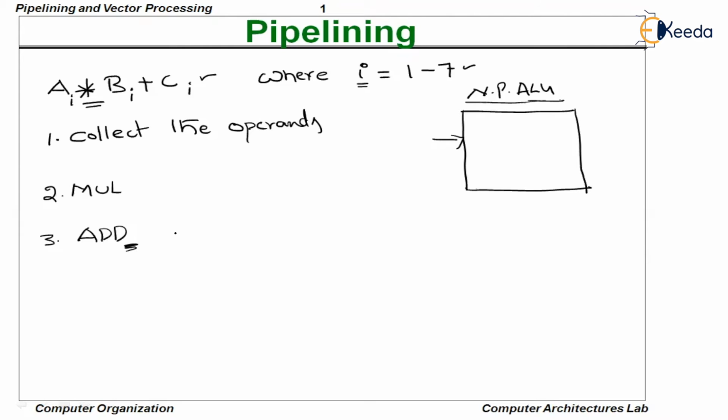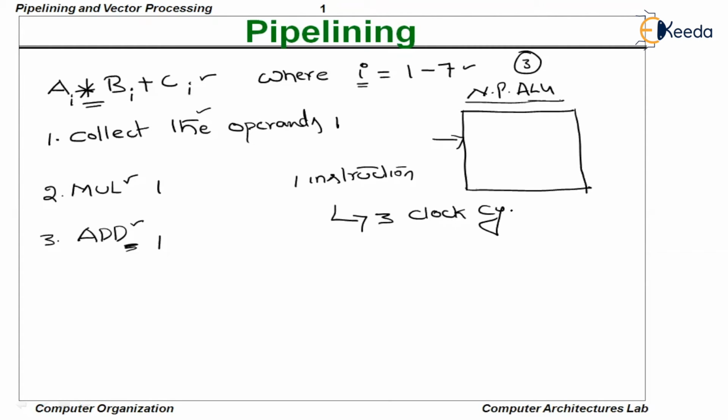Now let us understand that each of these operations will take 1 clock cycle. So for one instruction, I require 3 clock cycles. In order to execute the first instruction, the operands must be collected. Then the multiplication operation has to be performed. And finally, the addition operation within the first instruction has to be performed. Finally, one instruction will get finished, which means that one instruction will take 3 clock cycles.